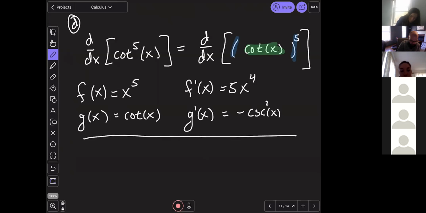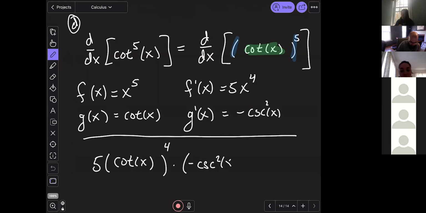To finish this off, we use all of this information and apply the chain rule. It's the derivative of the outside, f prime of g of x, so we plug g of x into f prime, giving 5 cotangent x to the 4th, and then we multiply by g prime, negative cosecant squared.